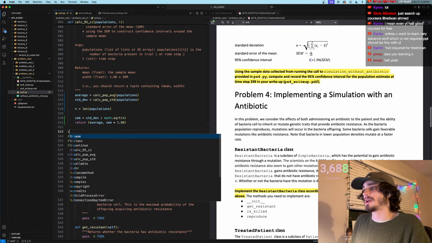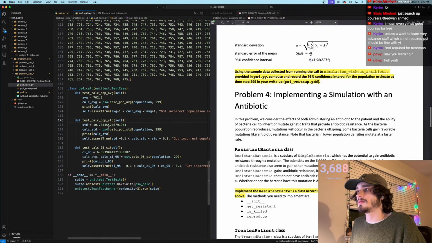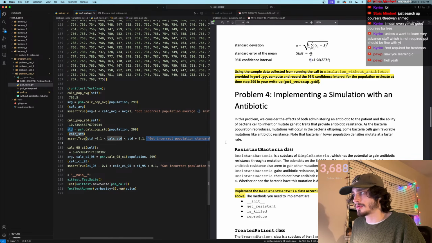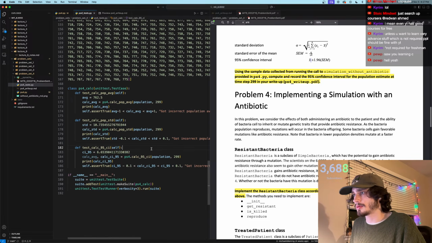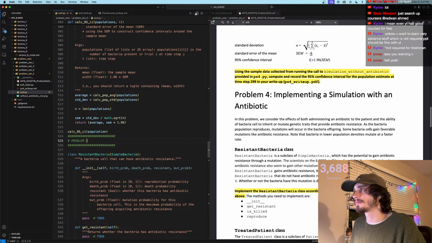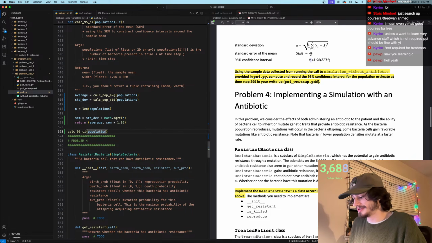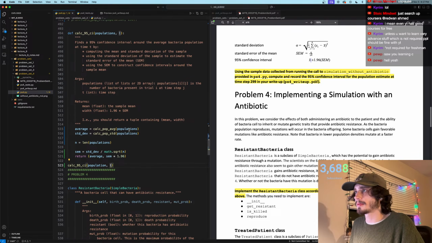Okay, let's run this. Calc the 95 confidence interval given the population. And let's see what this should give us. We want to assert here. So 6.65. Always forgetting t over here. 6.65.